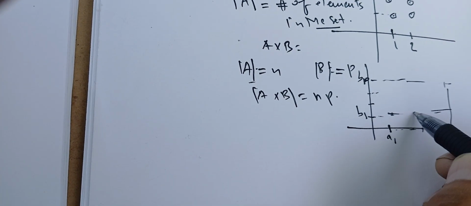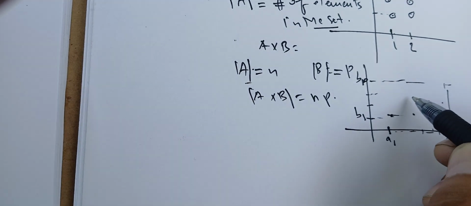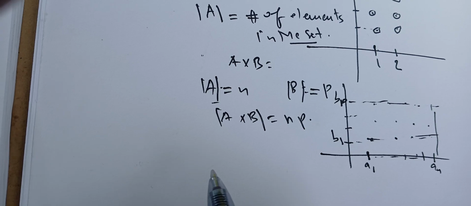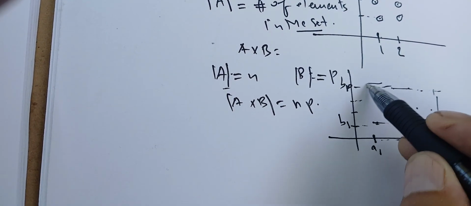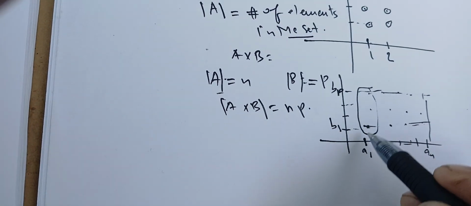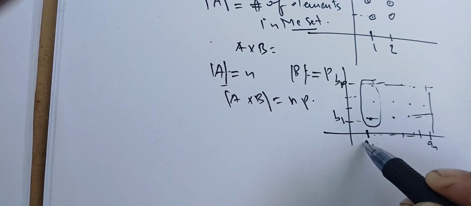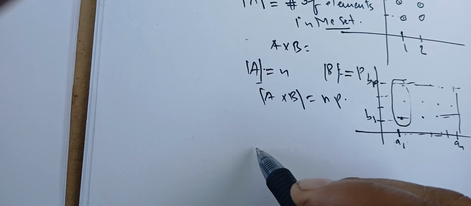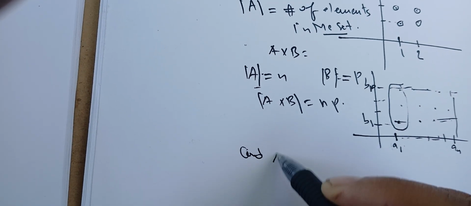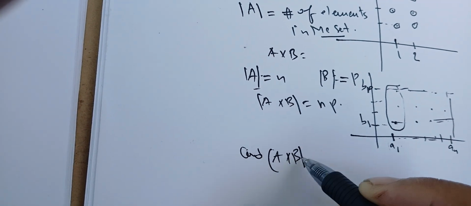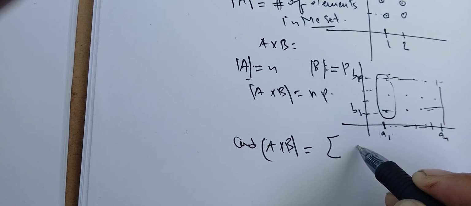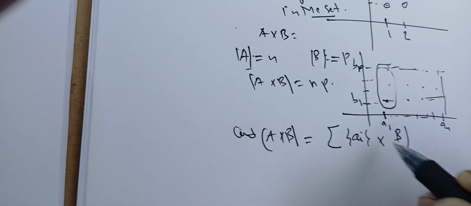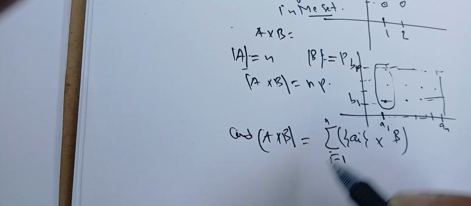We get all the elements by counting the number of pairs. To find the number of elements, we count in this way: we fix the Ai's and let the Bj's change. So the cardinality of A cross B is the sum of the cardinalities of {Ai} cross B, where i goes from 1 to n.